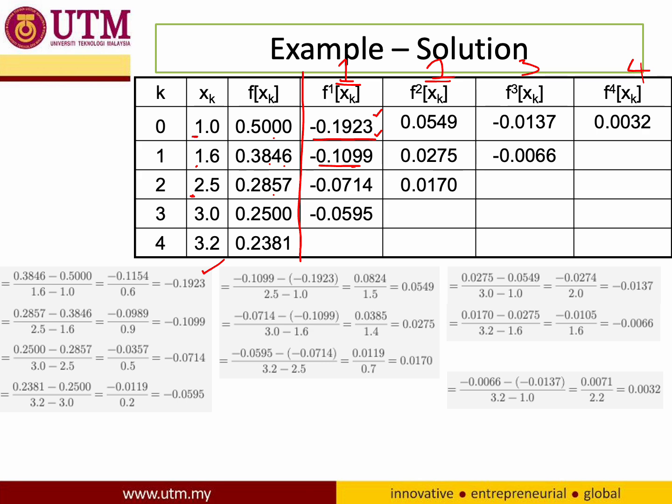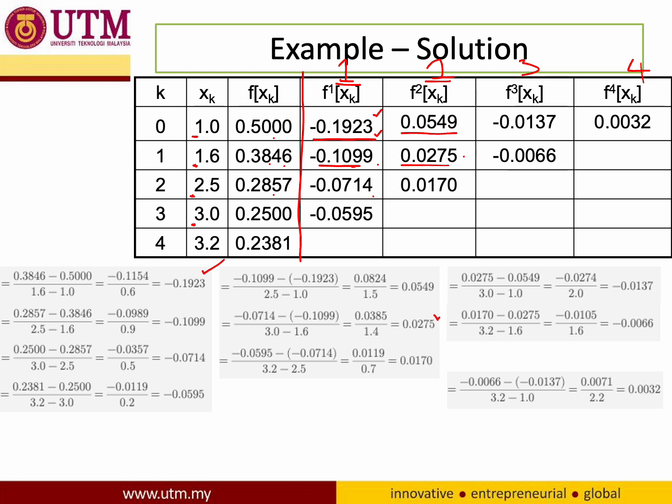So you will get 0.0549. How to get the next value? Negative 0.0714 minus negative 0.1099 divided by 3.0 minus 1.6. So you get this value.